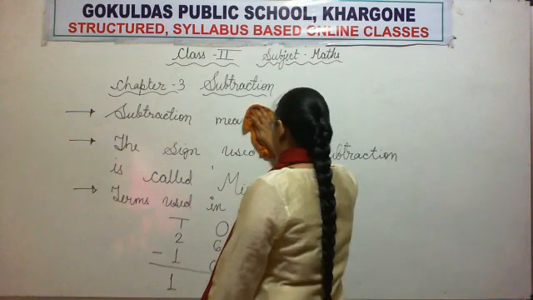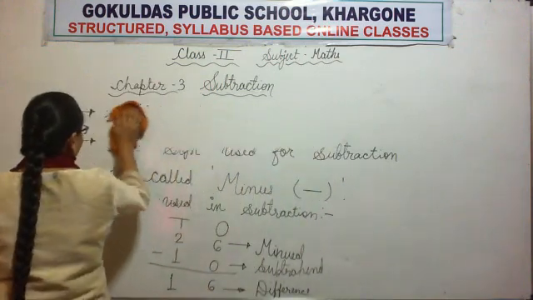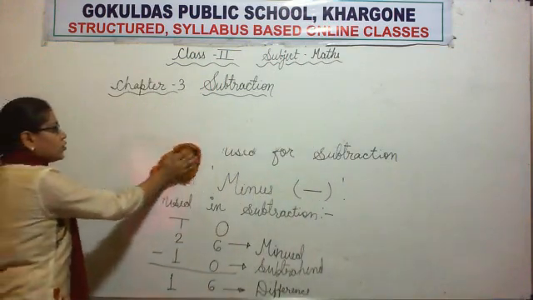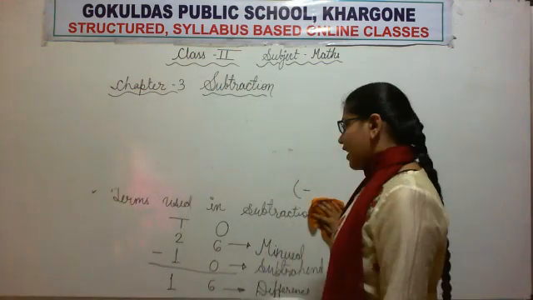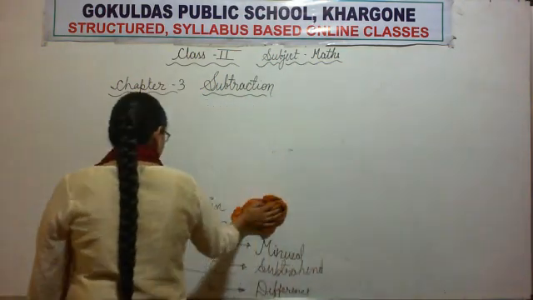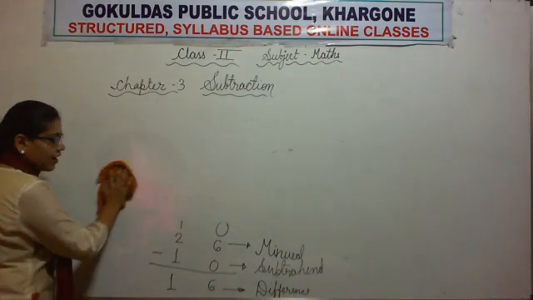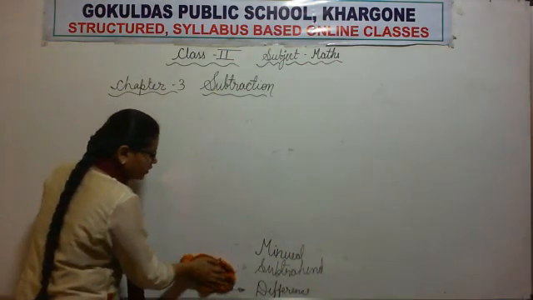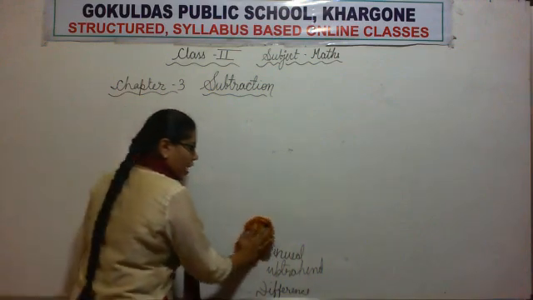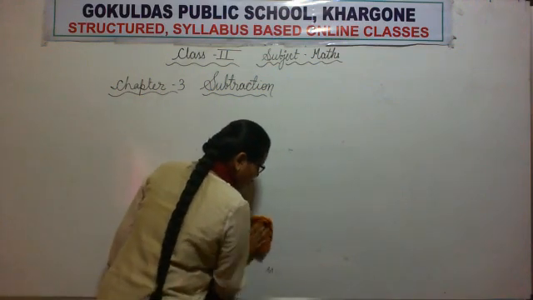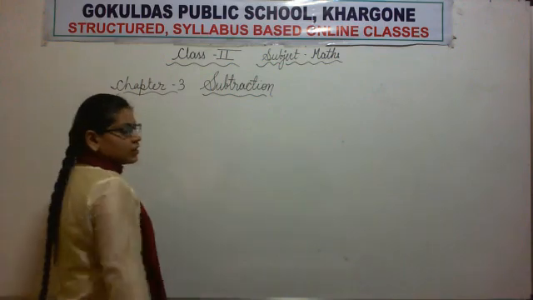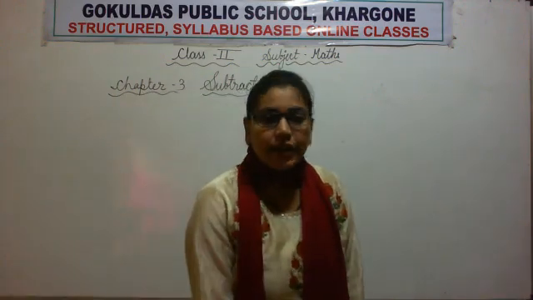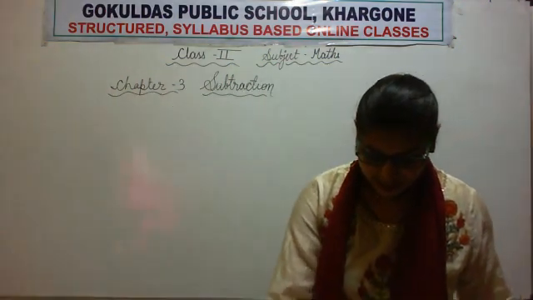So subtraction means taking away, and the sign used for subtraction is called minus. There are 3 terms. The first or bigger number from which we subtract the smaller number is called minuend, the smaller number is called subtrahend, and the result is called difference.